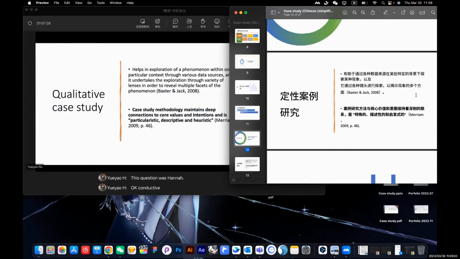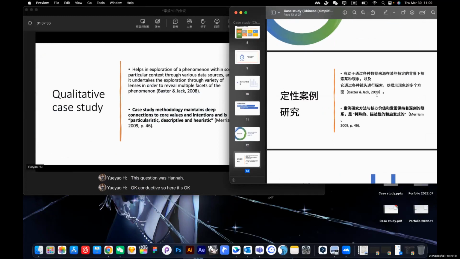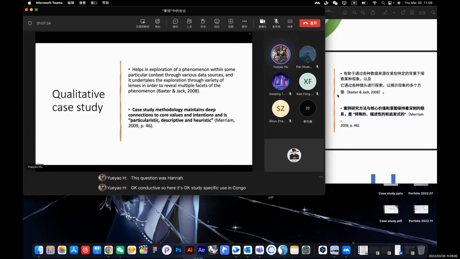Okay, cognitive. So here is how case study is specifically used in qualitative research. It helps you explore a phenomenon within a particular context through the data resource. That's why in the 20 or 30 minute break time, what I want you to do is this: you have a phenomenon you know at the moment, because if you have a research question, then you have a phenomenon.